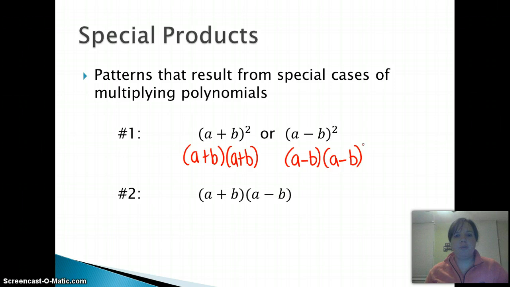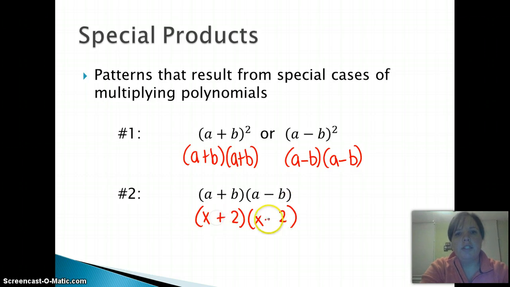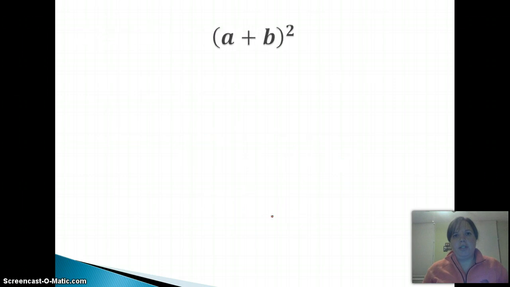The second case would be a plus b, a minus b, meaning you have the exact same components in your parentheses, so maybe x and 2, x and 2. It's just that one of the parentheses is an addition and one is a subtraction. So those are the two general cases you should look at when you talk about special cases.